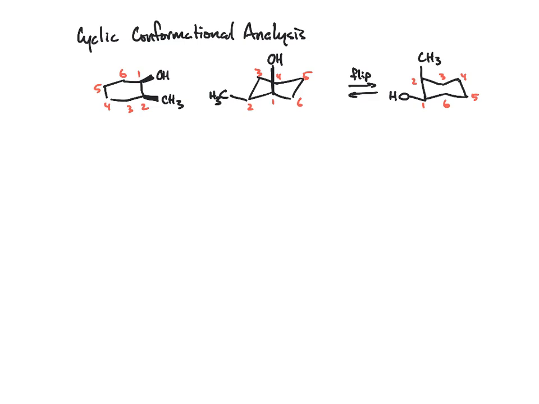So to get to answering your question in the broadest sense, if you were given a flat cyclohexane, a question could be, of the choices A, B, C, or D, which one represents that as a chair? Or if you were given a chair, which choice A, B, C, or D represents the proper chair flip?